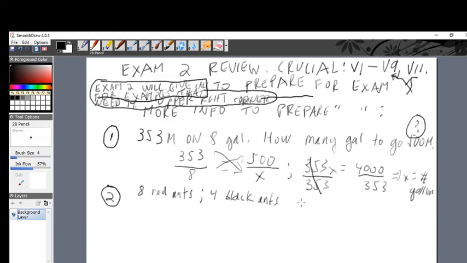You've got 11 red bees. I don't know if there's such a thing, but we'll just take it. And we've got 5 black bees. Okay, here's the question.